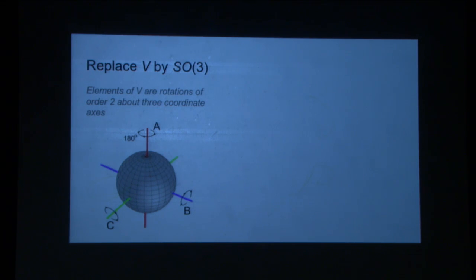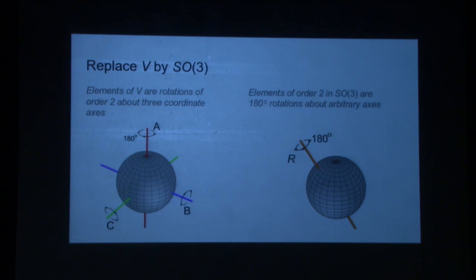And rather than just these particular elements of order 2, I now want to enlarge my range and consider all the elements of order 2 in SO(3): the 180-degree rotations about arbitrary axes in 3-space.